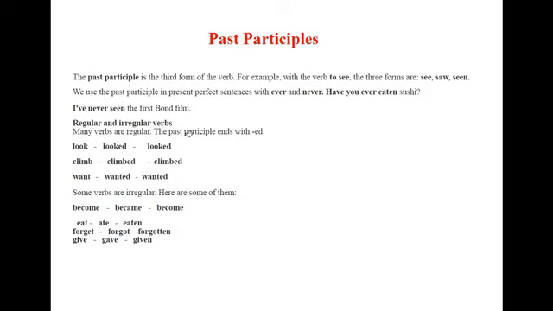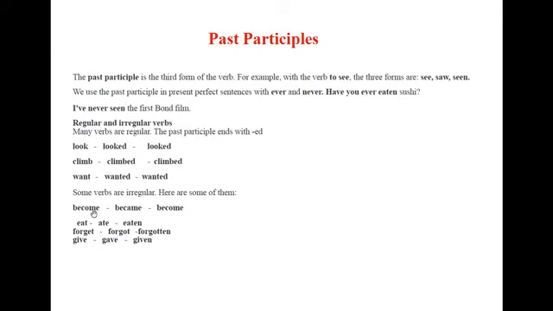Regular and irregular verbs. So the regular verbs, we will only add ed to the verb, to the second and the third form of the verb, like look, looked, climb, climbed, want, wanted, first, second, third. But the irregular, some verbs are irregular.